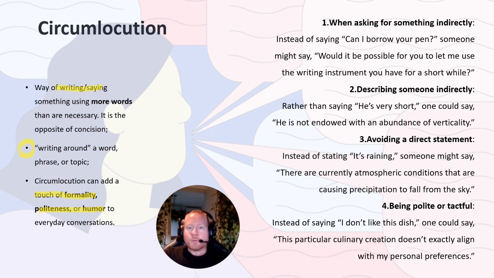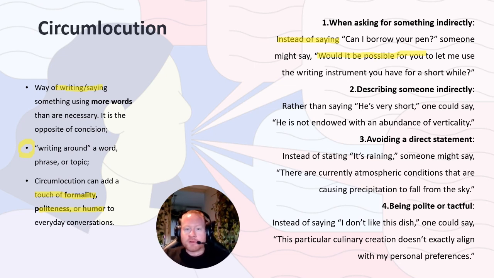So for example, when asking for something indirectly, instead of saying, "Can I borrow your pen?" you can say, "Would it be possible for you to let me use the writing instrument you have for a short while?" So an example of circumlocution.